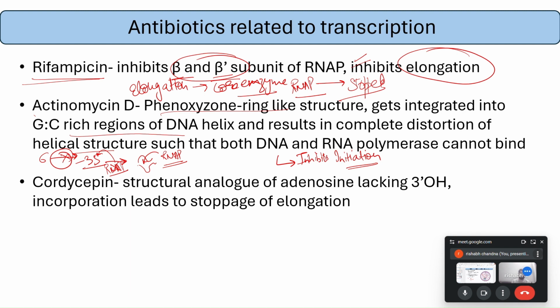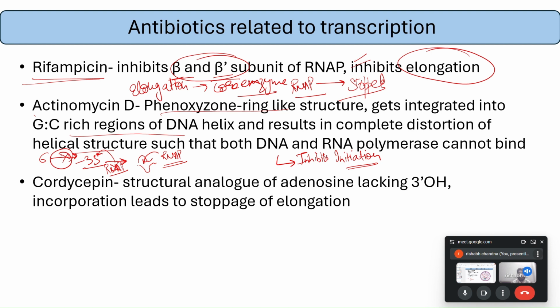Using the same phenomenon, because DNA polymerase also binds to a particular region, that is the origin of replication in the genetic material, and it also requires certain GC-rich recognition sequences. If actinomycin D binds to that region, our DNA polymerase also cannot bind to that recognition sequence.